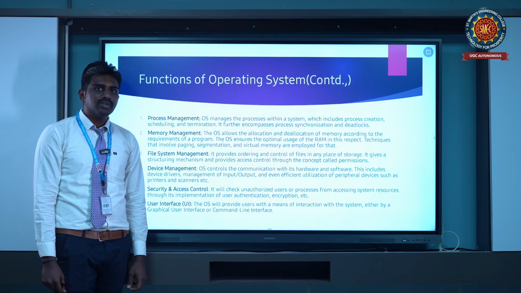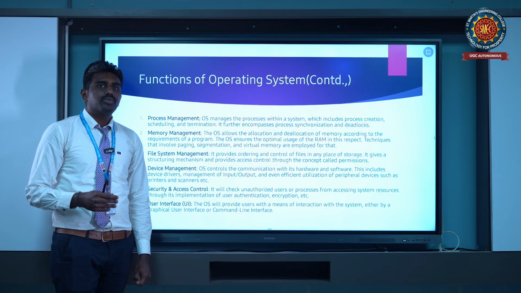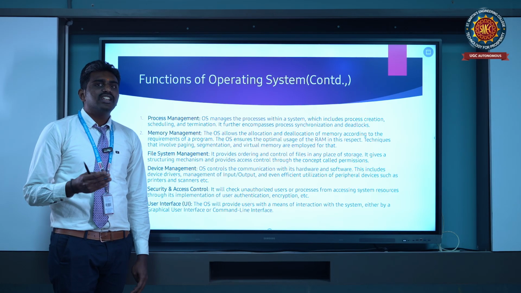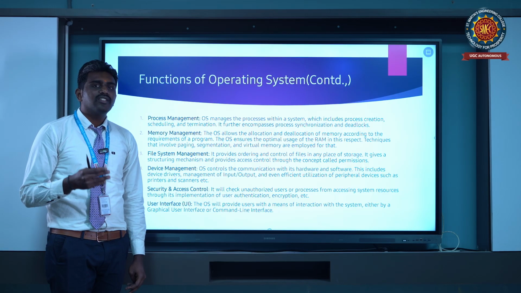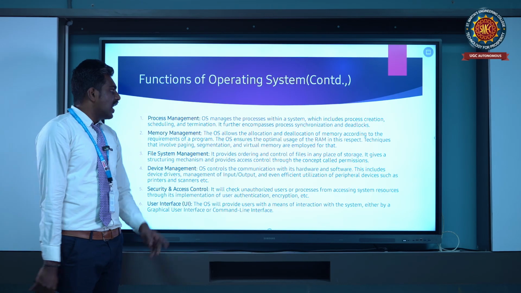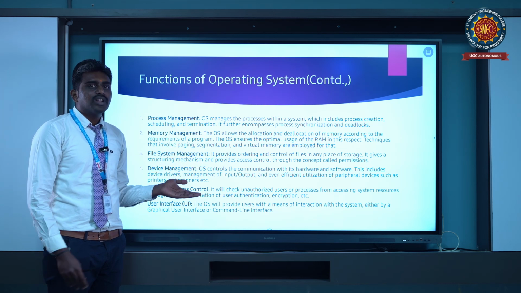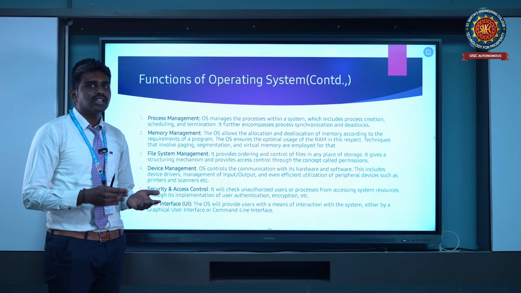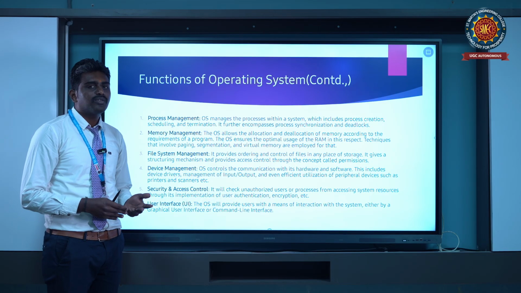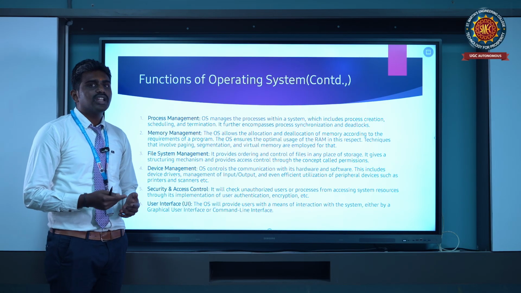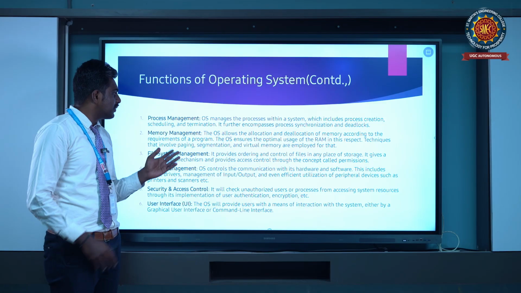Memory management in the operating system provides allocation and deallocation of memory for every process. Some techniques are also implemented in memory management: semaphores, segmentation, paging, and virtual memory.